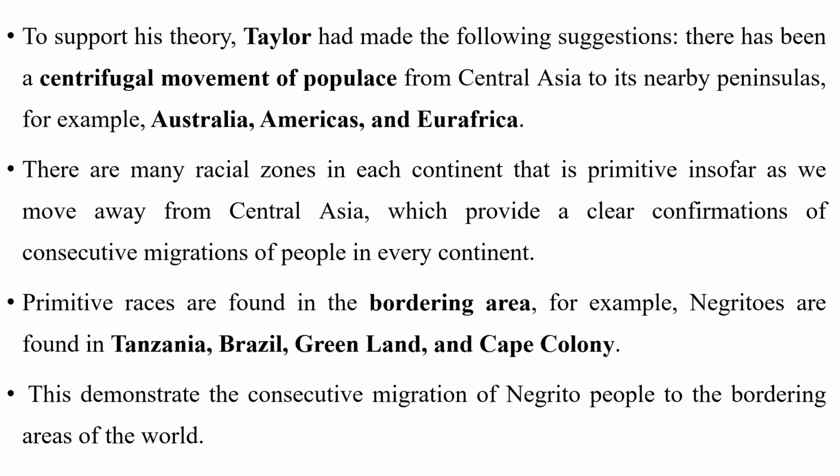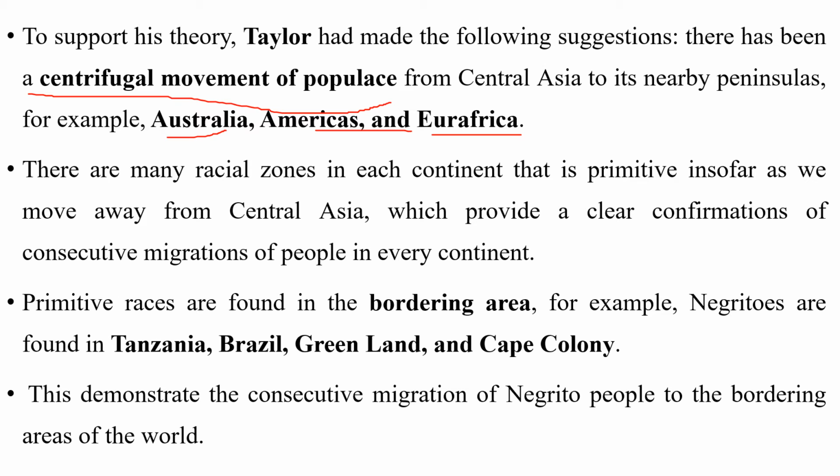But he gave some supporting evidence for this theory. Taylor made some suggestions of centrifugal movement of the populace from Central Asia to its nearby peninsulas. He gave the example of Australia, America and Eurafrica. Eurafrica means the northern part of Africa, considered as Europe and Africa.